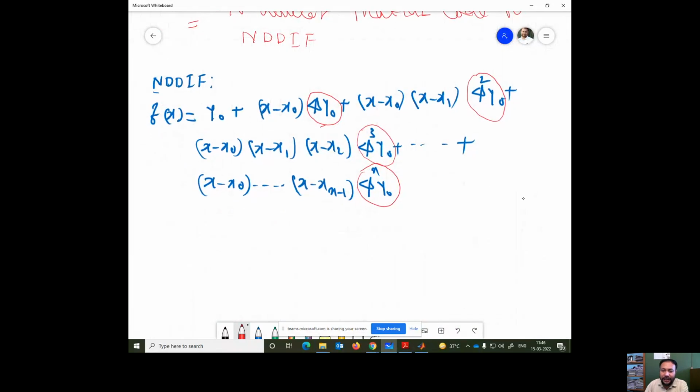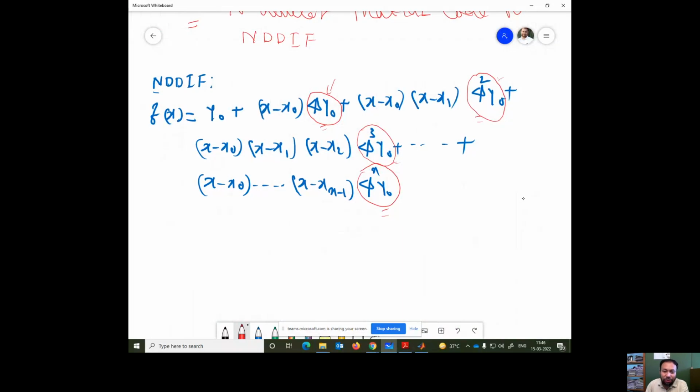So these red circle values can be taken from our divided difference table. In the previous lectures, we have already constructed the table. From the table, it has been observed that the red circle values are estimated from the divided difference table, where it is the first row and third column onwards.